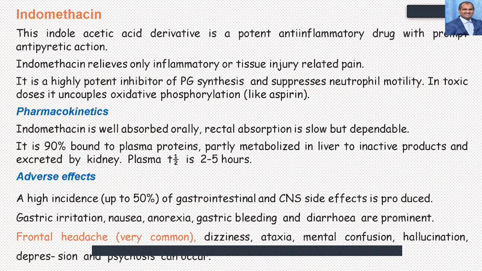And it is 90% bound to plasma proteins, then partly metabolized in the liver to inactive products and excreted by the kidney in urine. And the plasma half-life of indomethacin is just 2 to 5 hours.